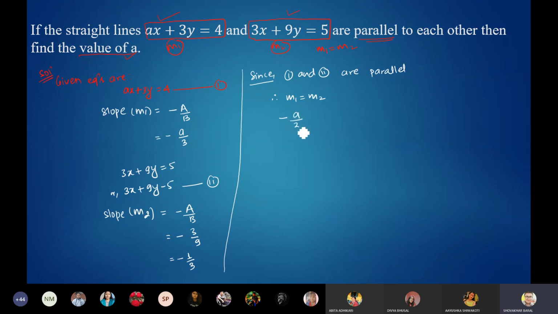So -a/3 = -1/3. I am replacing the values here. Cancel the 3 from the denominator, so it will be -a = -1. Minus and minus cancel, so a is equal to 1. Therefore, the value of a is 1.